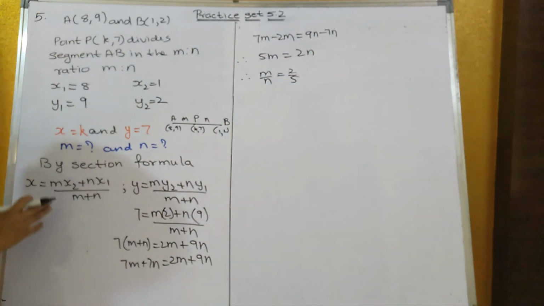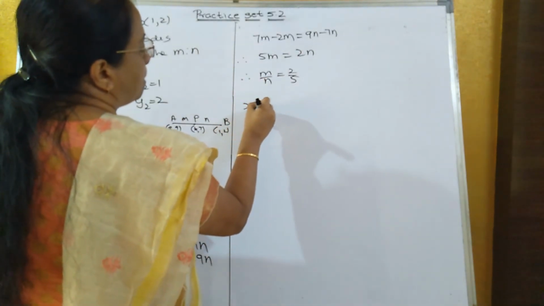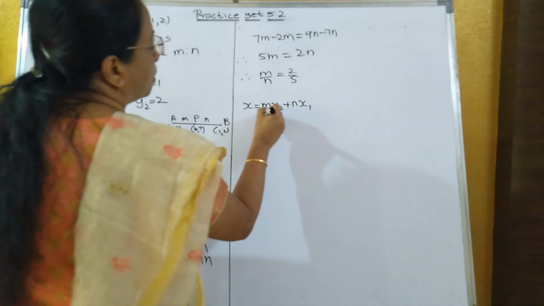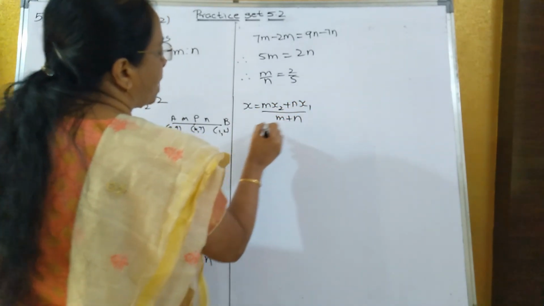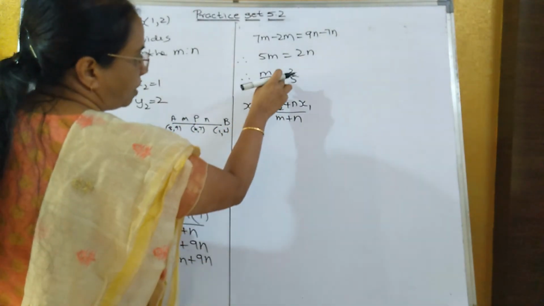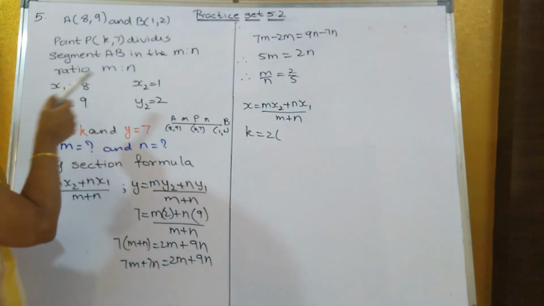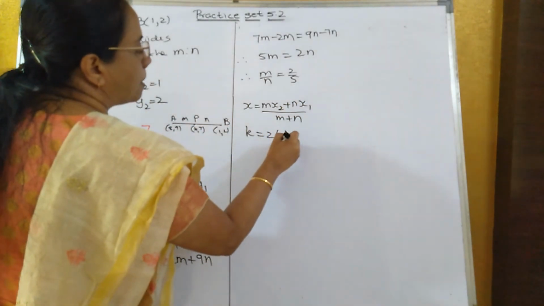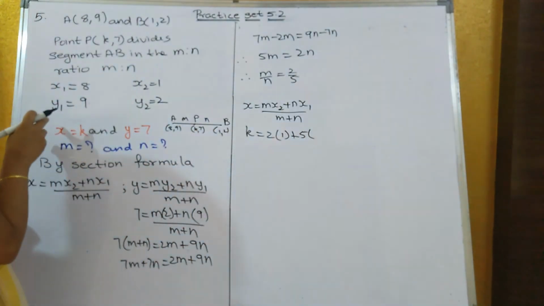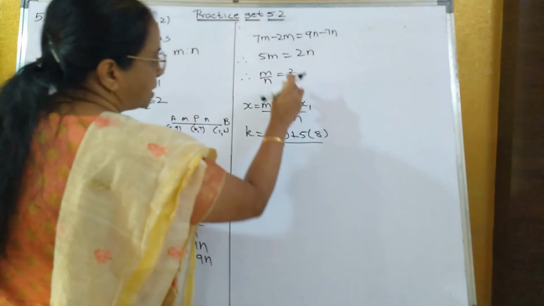Now we have to find out the value of k. In order to find the value of k, we will use this. So x is equal to (mx2 plus nx1) upon (m plus n). X is equal to k over here. We have already got m is equal to 2, into x2, x2 is 1, plus n, n is 5, into x1, x1 is 8, upon m plus n, that is 2 plus 5.